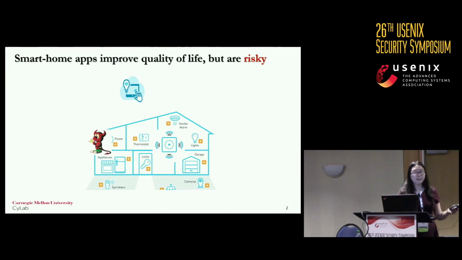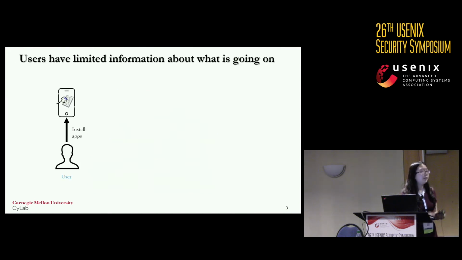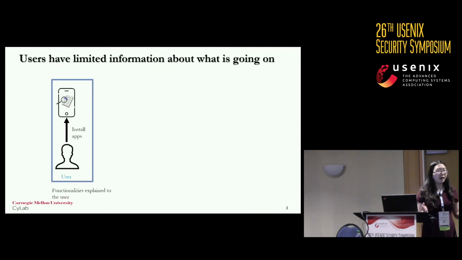What's most crazy here is that users in the smart home case have limited information about what is going on. Why is that? It's because when they make a decision to install an app or not, they just read the interface. What they know about the app is just the functionality that is explained in the description.